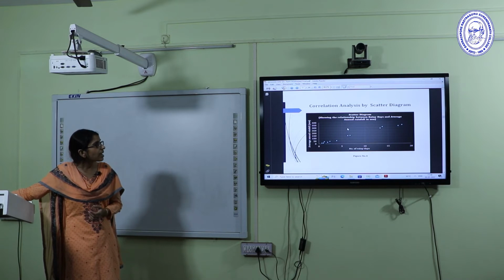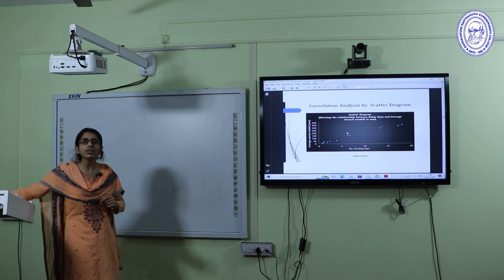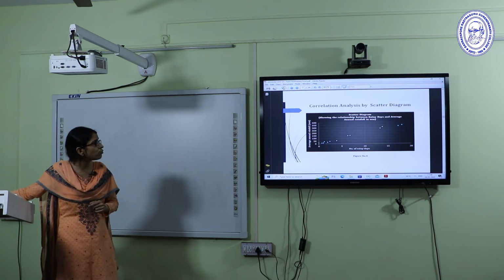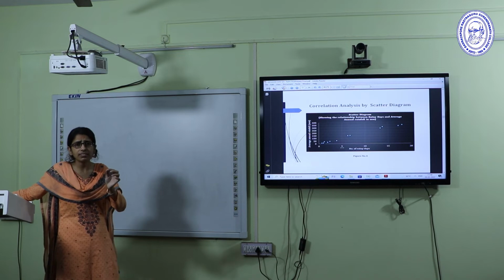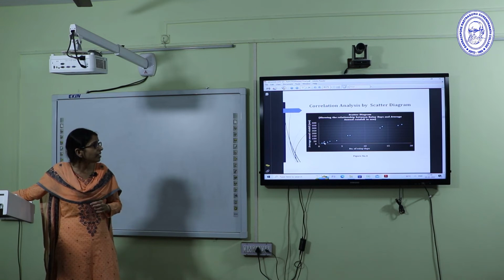This is a scatter diagram or scatter plot based on the previous hypothetical data, showing average annual rainfall in millimeters and number of rainy days. When we compare these two variables to see if any relationship exists, you can easily identify that there is a positive trend.